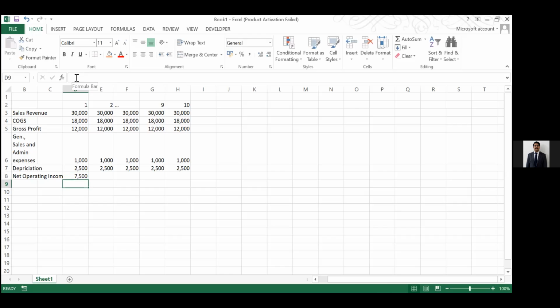Okay, net operating income would be EBIT. 85 will come, I think. 12,000 minus 3,500, that will be 8,500, right? Oh, right.